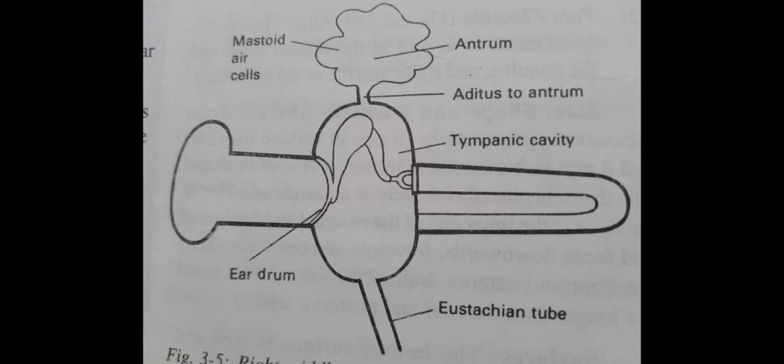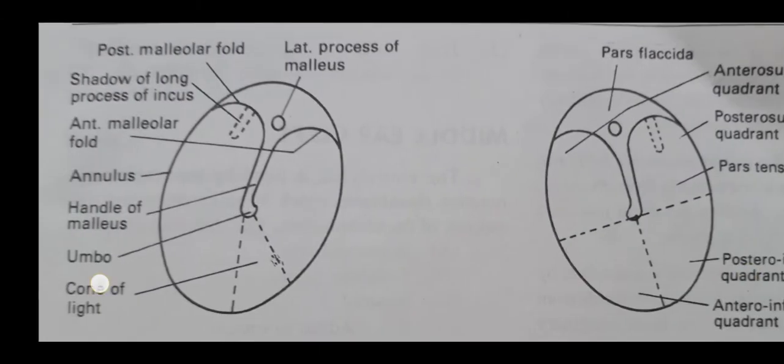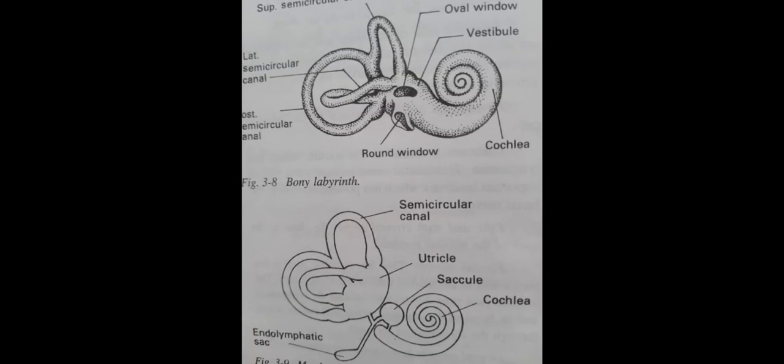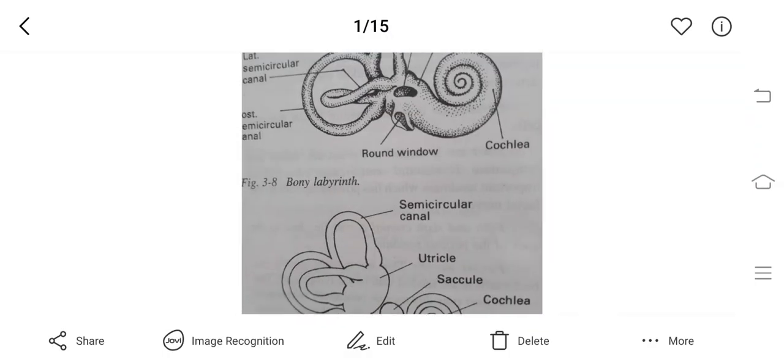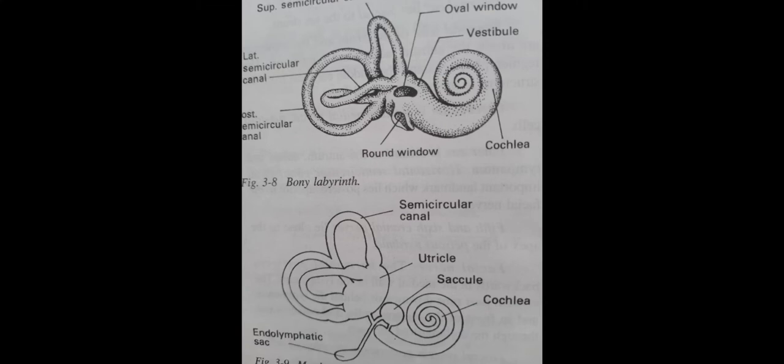Inner ear lies in the petrous part of temporal bone, and it consists of bony labyrinth and membranous labyrinth. This is bony labyrinth, and this one is the membranous labyrinth.